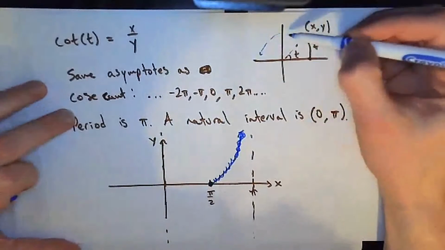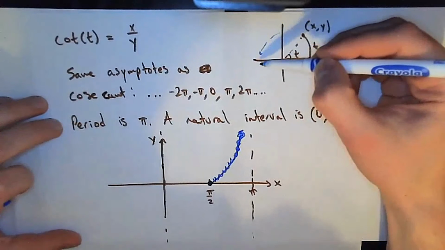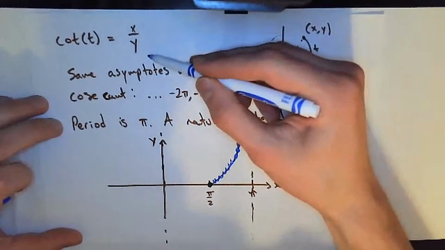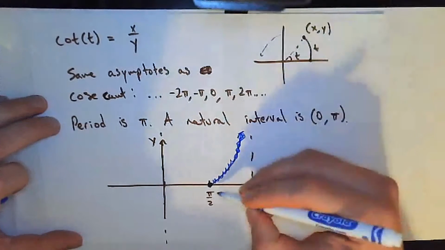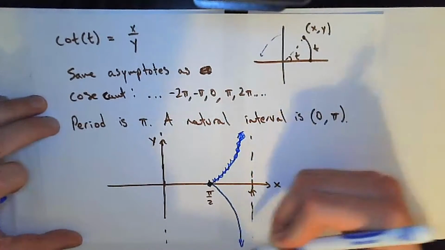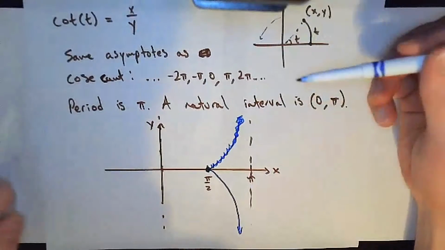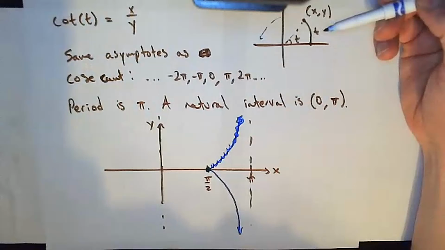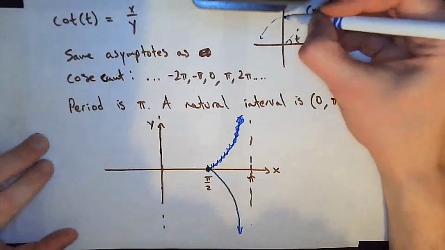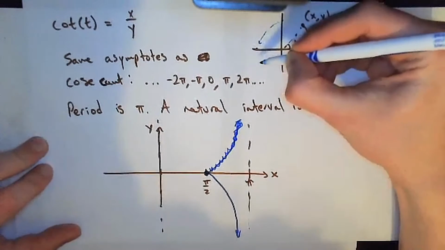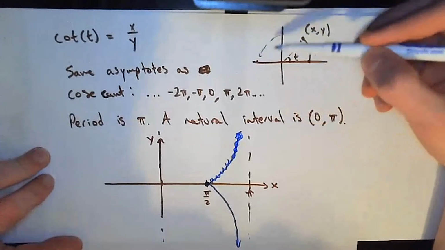Over here, yes, we are tending to 0 and y is positive, but x is negative, right? So x over positive is going to be negative. So it's blowing up to negative infinity, not positive. Sorry, dumb mistake. So going from pi on 2 to pi, the y value is getting smaller and smaller, and the x values are negative over here.